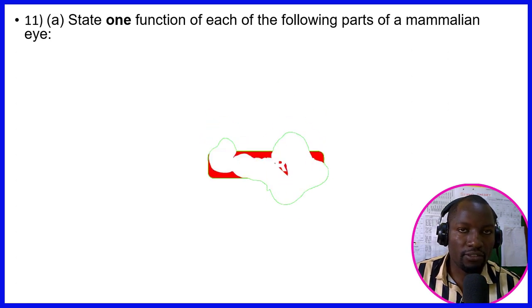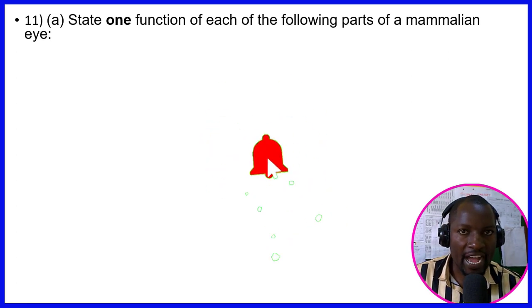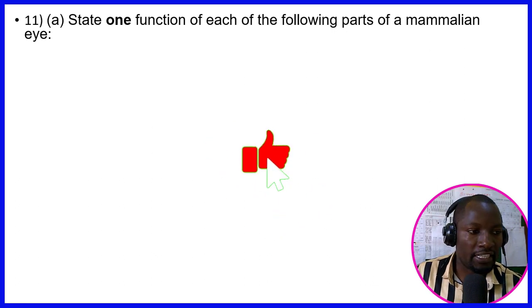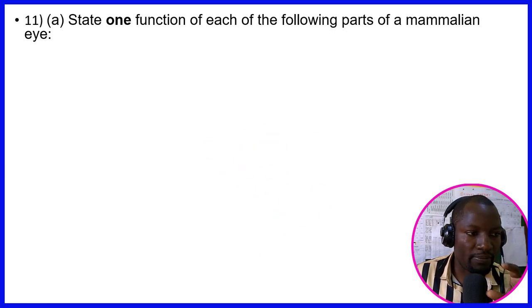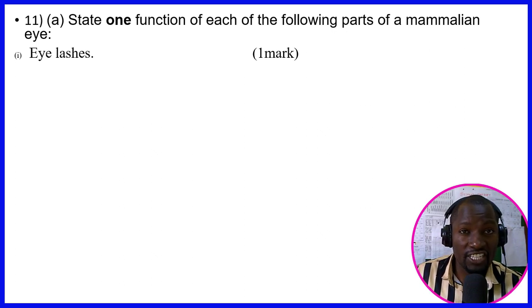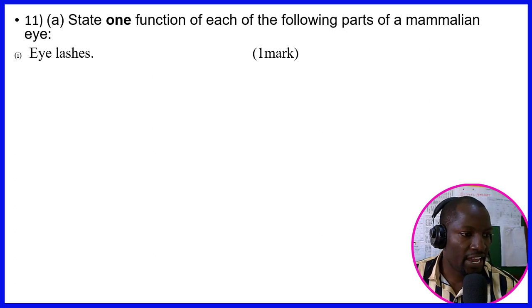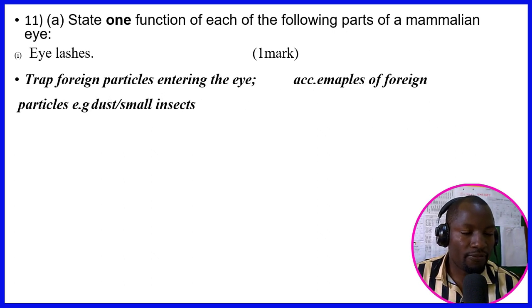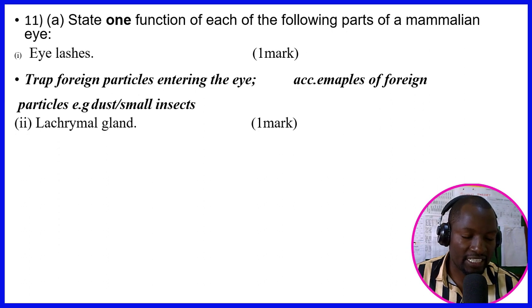State one function of each of the following parts of a mammalian eye. So we are looking at the eye and the functions of the parts labeled here. First one is the eyelashes. The eyelashes trap foreign particles entering the eye. We also accept examples of those foreign particles, such as dust and small insects. Number 2 is the lacrimal gland.